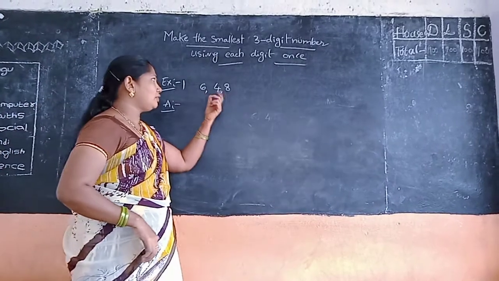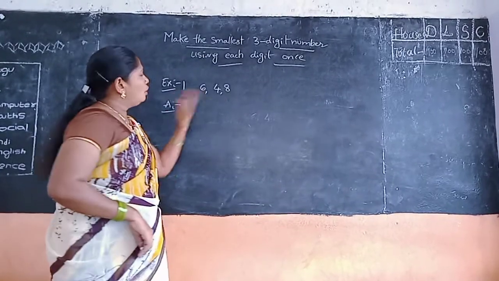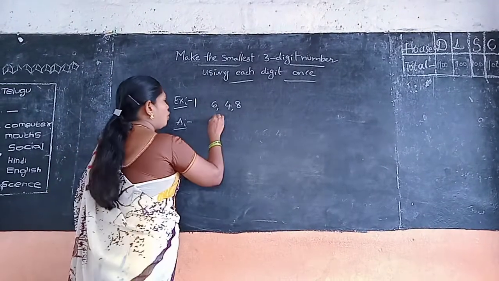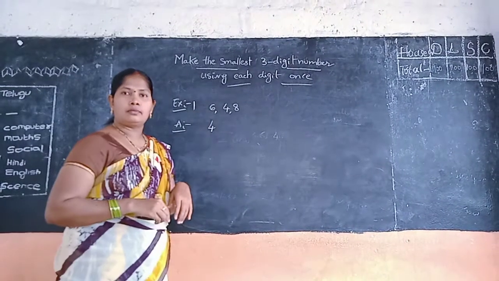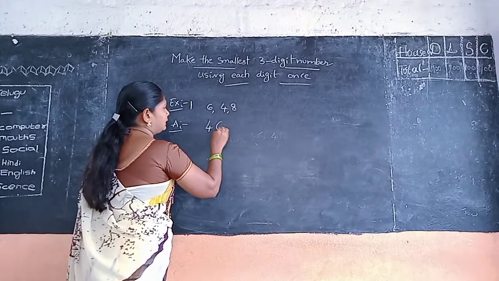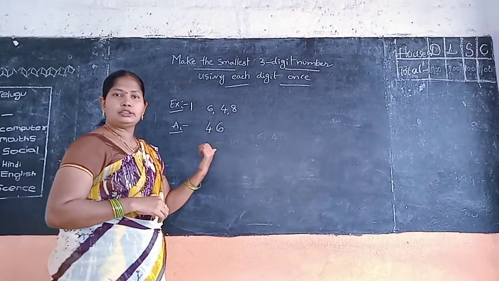First of all, you find out the smallest number. Which one is smallest? 6, 4, 8. Which one is small? 4 is small. Okay, next one, 6 or 8. Which one is small? 6 is small. The last one is 8.